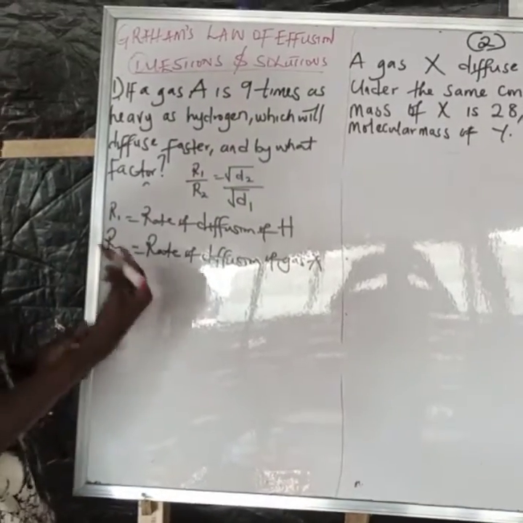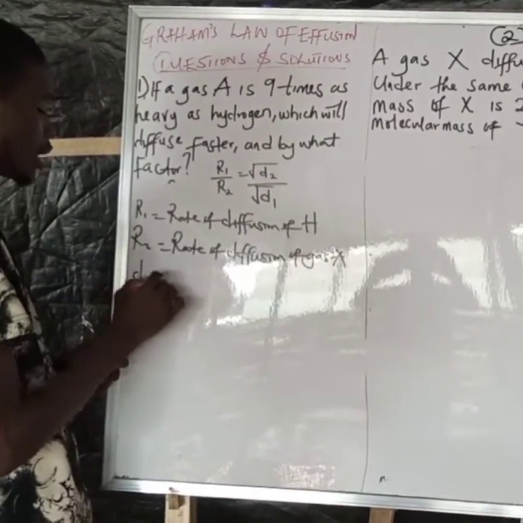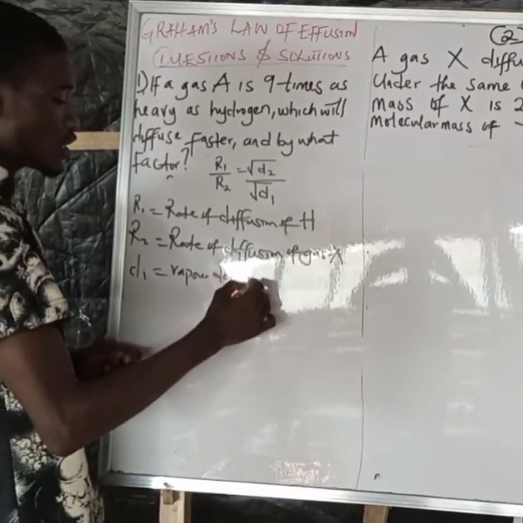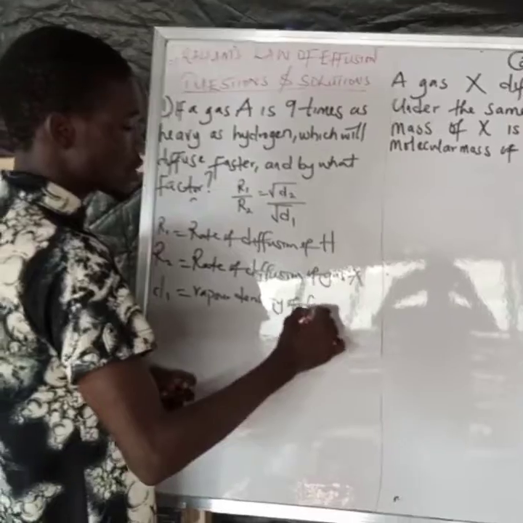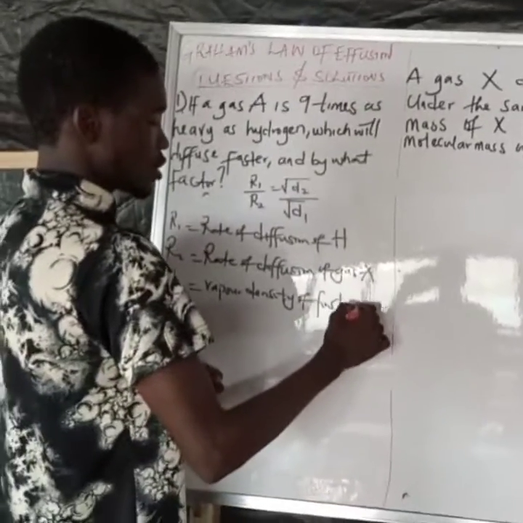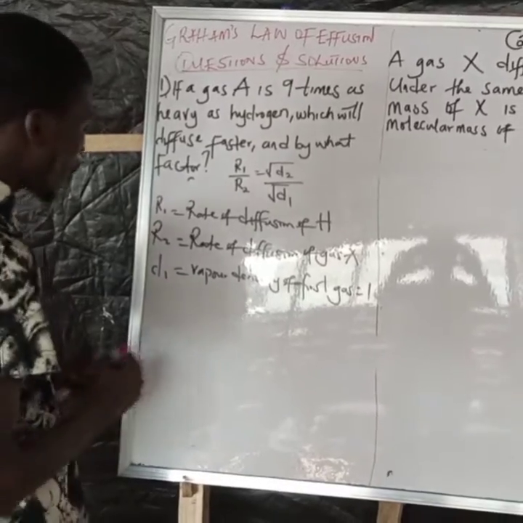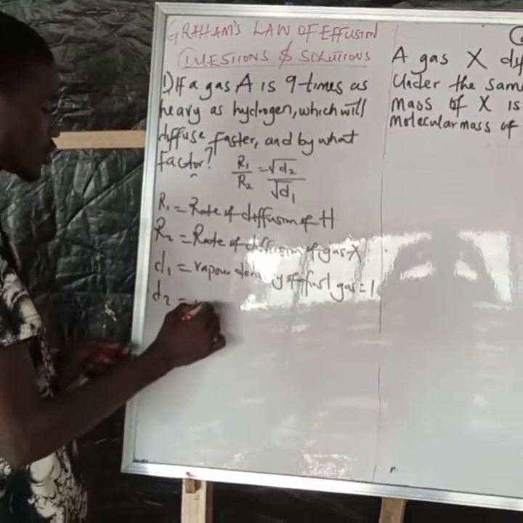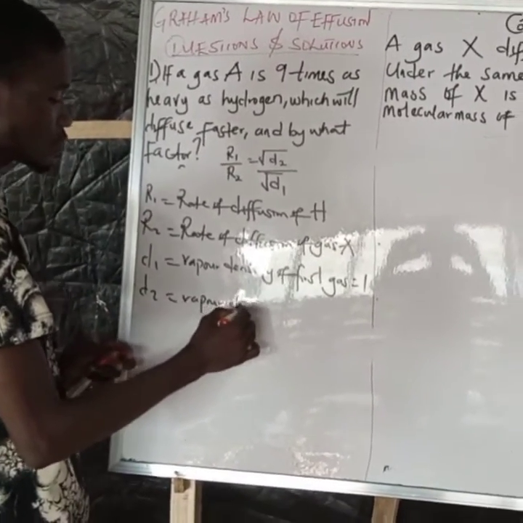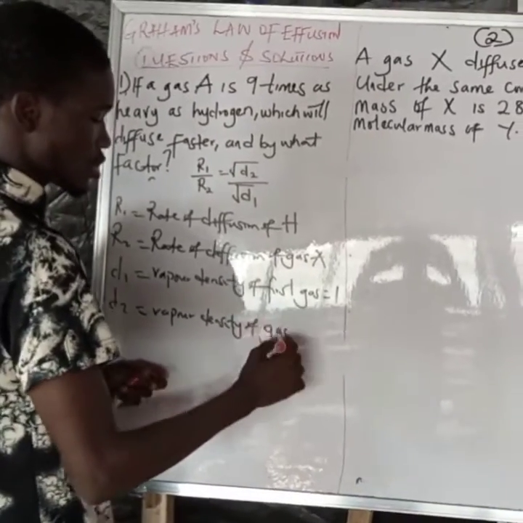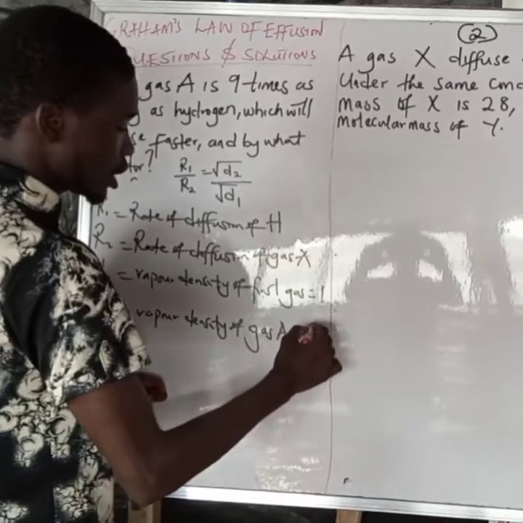Then what is our vapor density of first gas? From the question, what is the value of that? So D1, vapor density of first gas, is equal to 1, while the vapor density of gas A is 9.